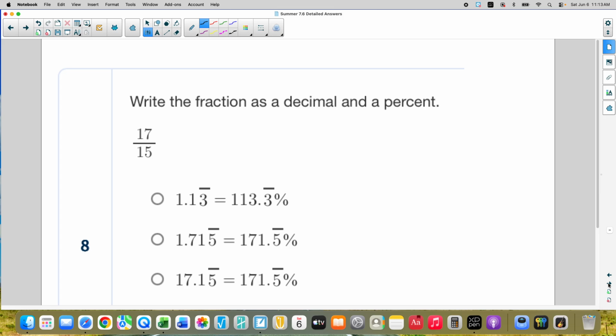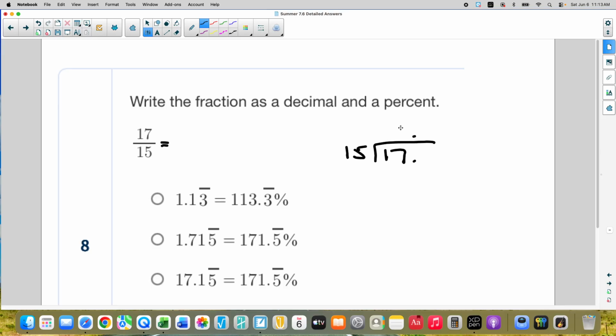Write a fraction as a decimal, so I kind of want it as a over 100, over 1,000, over something, over 1, etc. So this is kind of hard because it's going to be a repeating decimal. There's two ways we can do it. We can divide 15 into 17 and see what decimal we get.